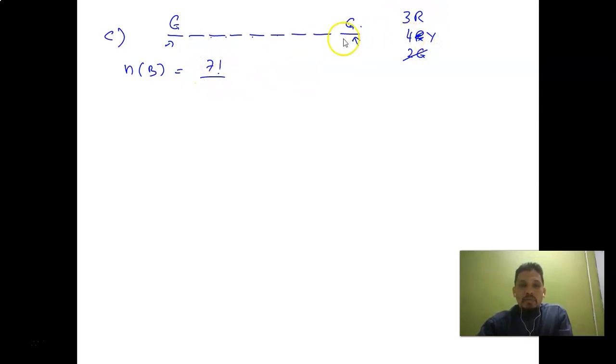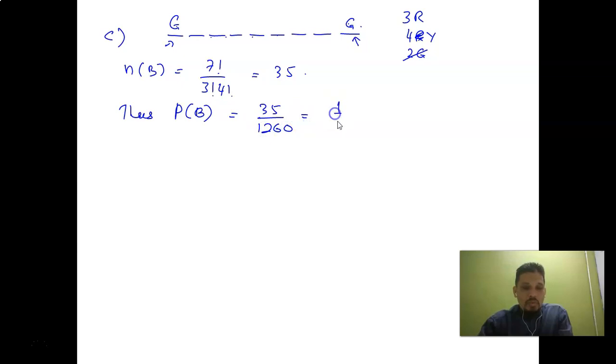So 7 factorial divided by 3 factorial for the identical red and 4 factorial, equal to 35. So the probability of C, the green marbles must be in the first and last position of the row, is equal to 35 divided by 1,260, which is equal to 1 over 36.